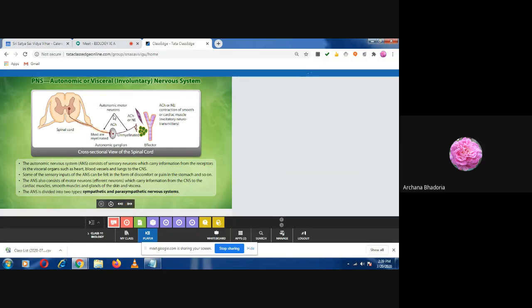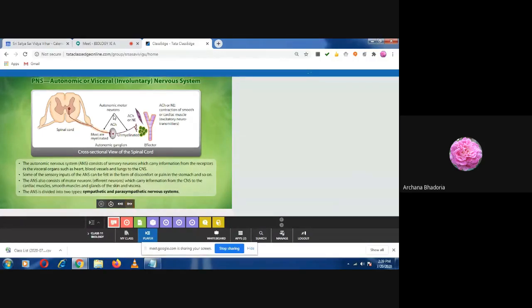Then it will have another set also. Remember, always both the systems, whether it is the autonomic nervous system or the other one, which one? Somatic. Both the nervous systems will have 2 sets of nerves. This should be clear to everyone. Both will have 2 sets of nerves. There will be motor nerves and sensory nerves.